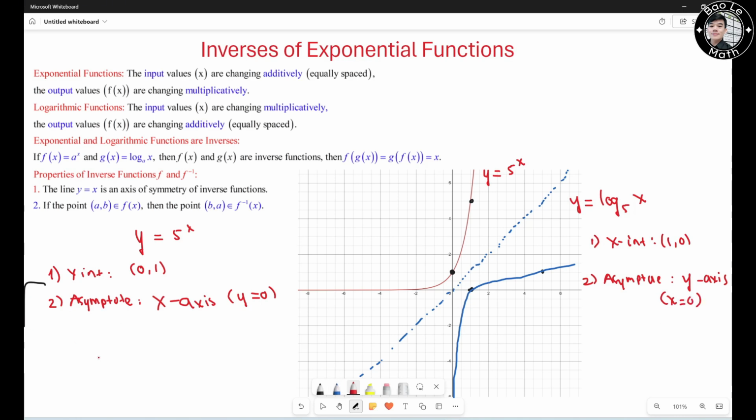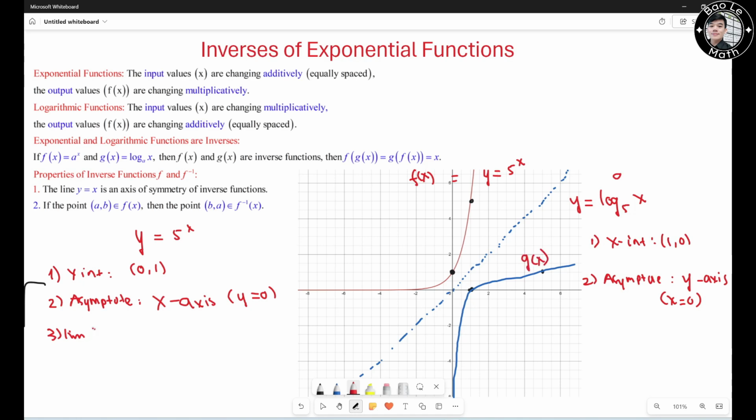Now the third one I learned is the limit of this function. I call this one f of s, and I call this one g of s.